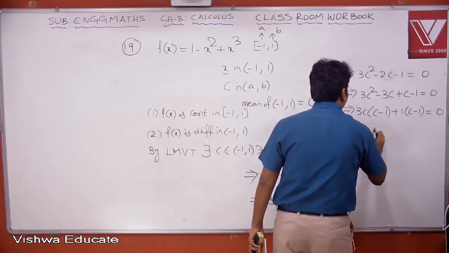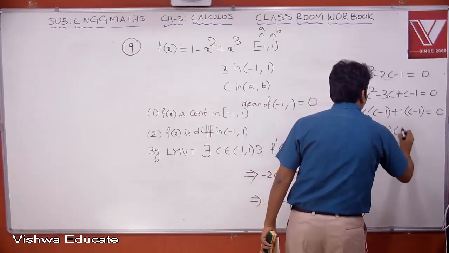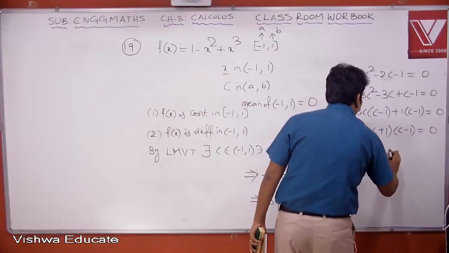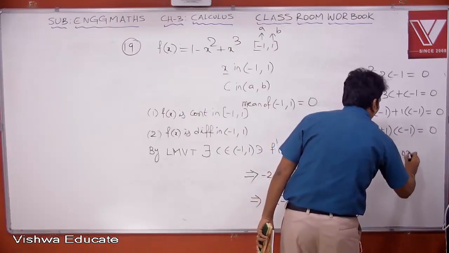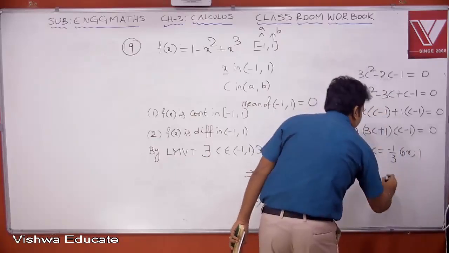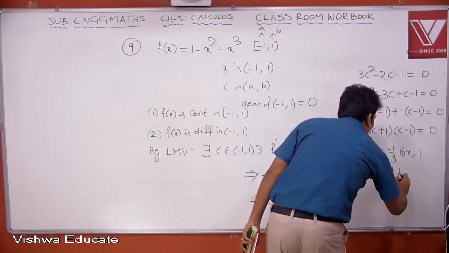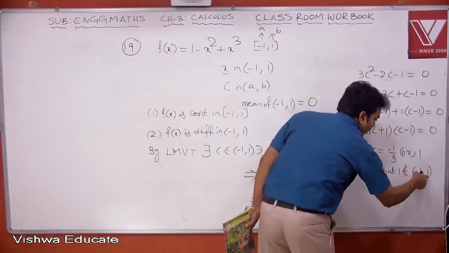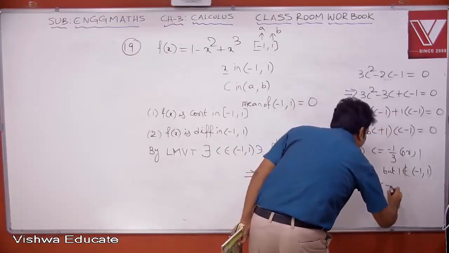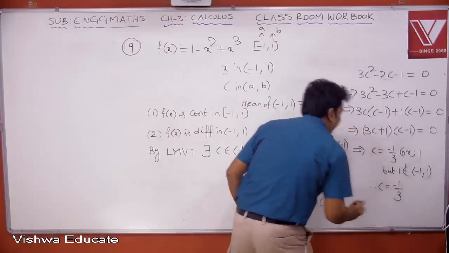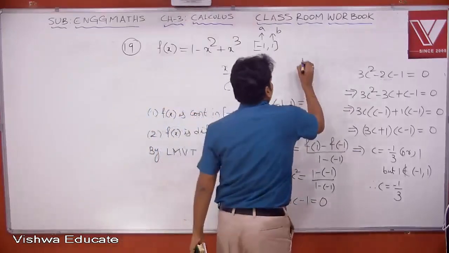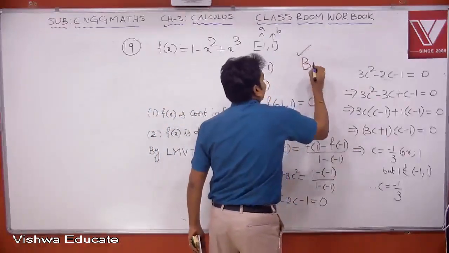So this implies 3c plus 1 into c minus 1 equal to 0. So this implies either c equal to -1 by 3 or 1. But this 1 does not belong to open interval -1 comma 1. 1 is not a member. Therefore, the value of c is -1 by 3. So option B is right answer. Note this.